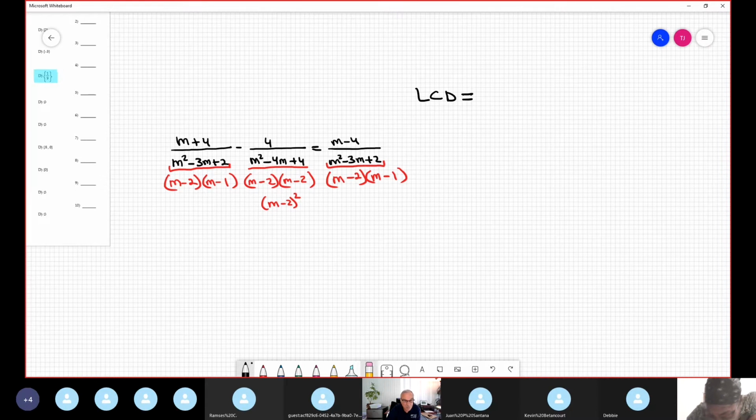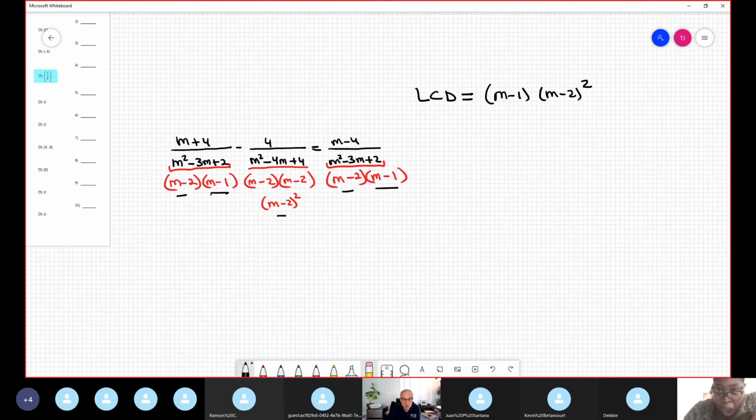For example, m minus 1 you take one time, because I can see it here and here. However, m minus 2 I saw here, here, and here. You don't necessarily take everything; you take the majority, and the majority is a square. Do you see that? This is my least common denominator. If you take only one m minus 2, it's incomplete.